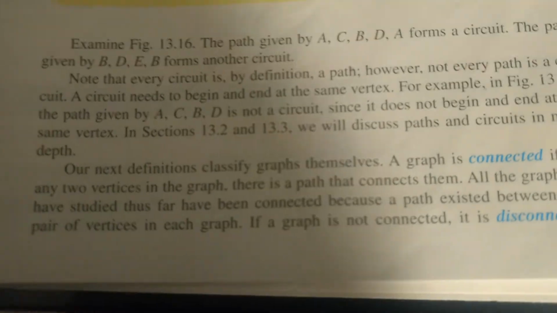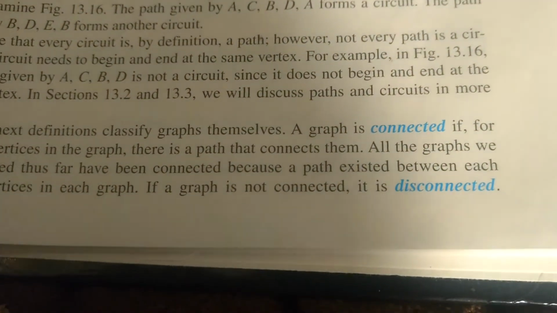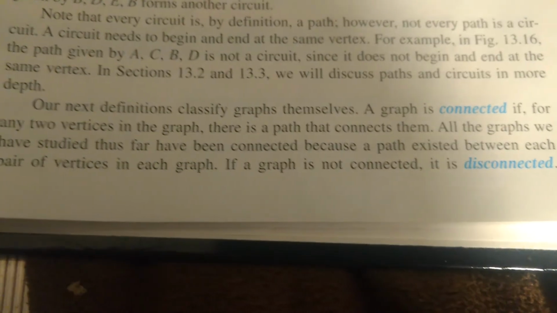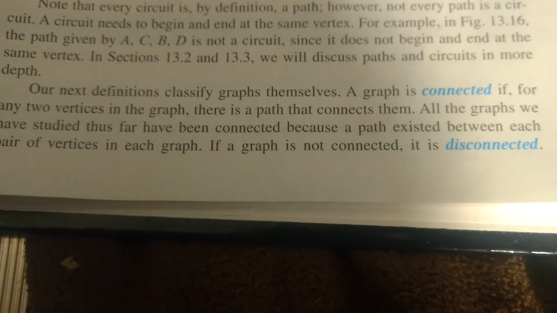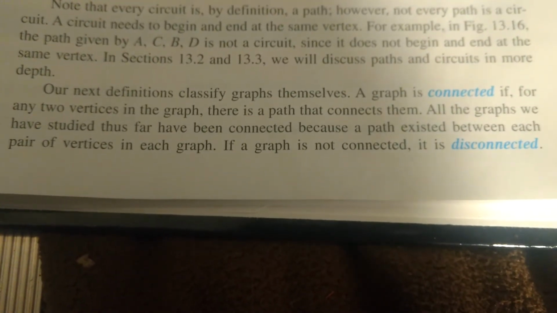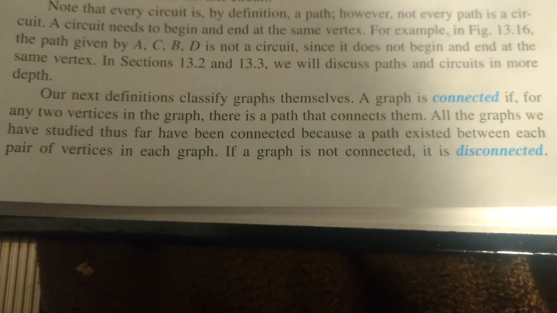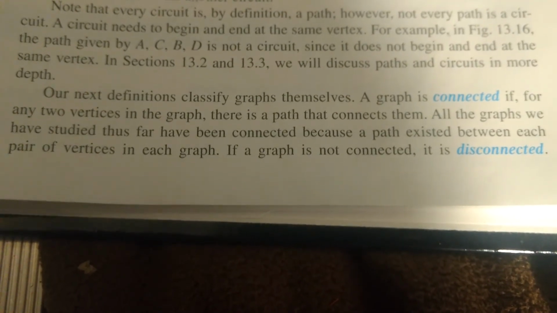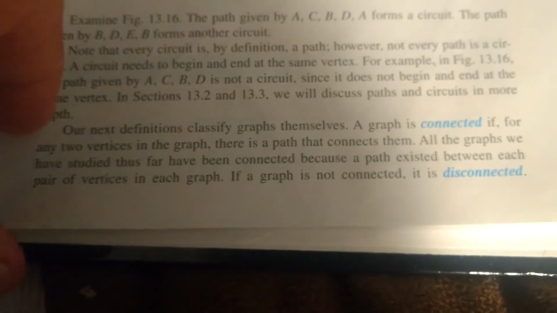So our next definition classifies graphs themselves. A graph is connected if for any two vertices in the graph there is a path that connects them. All the graphs we have studied thus far have been connected because a path existed between each pair of vertices in each graph. If a graph is not connected, it is considered to be disconnected.